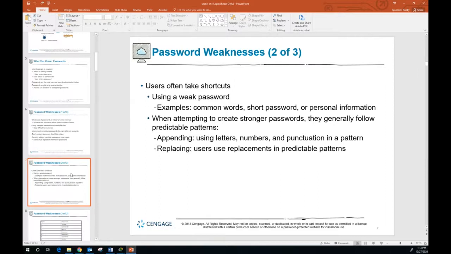Replacing, they may use GNTC as the password and then the exclamation mark. The next one, they will use the @ symbol. So they're just using it in a predictable pattern.